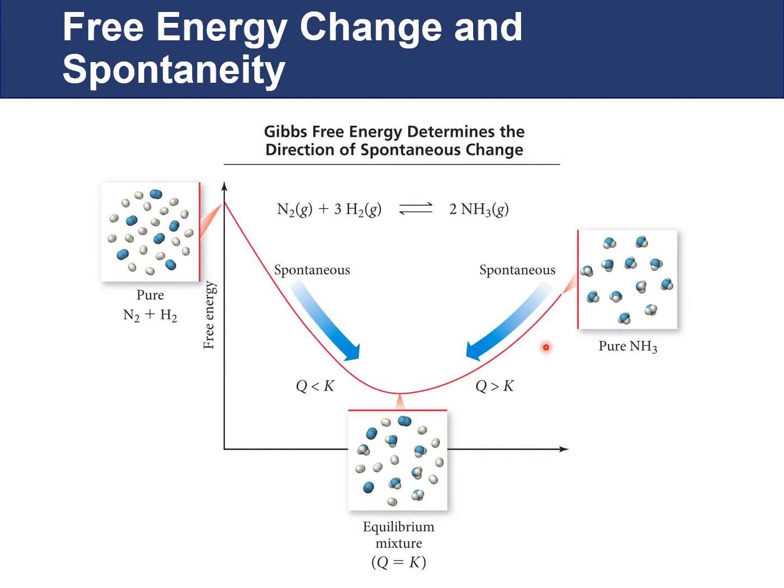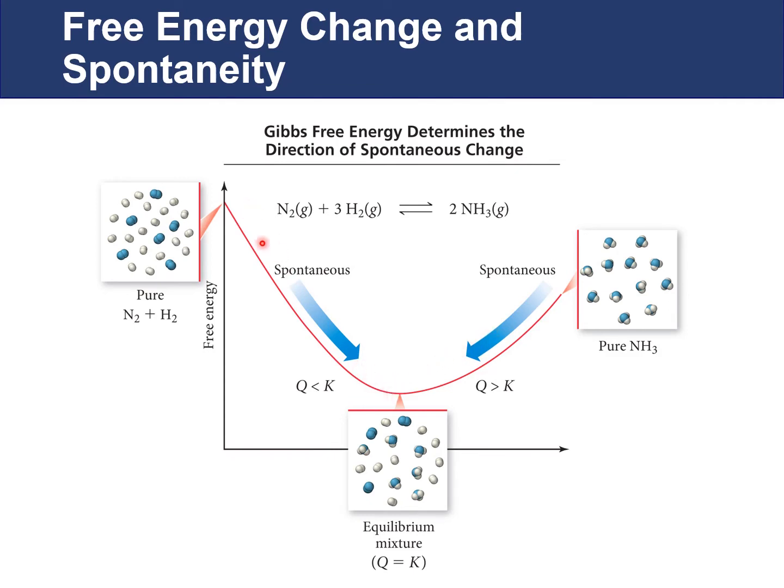Conversely, if Q is bigger than K, then we have too many products and the reaction will go to try to remove some of those products by pushing towards the reverse direction, making more reactants as it goes towards equilibrium.